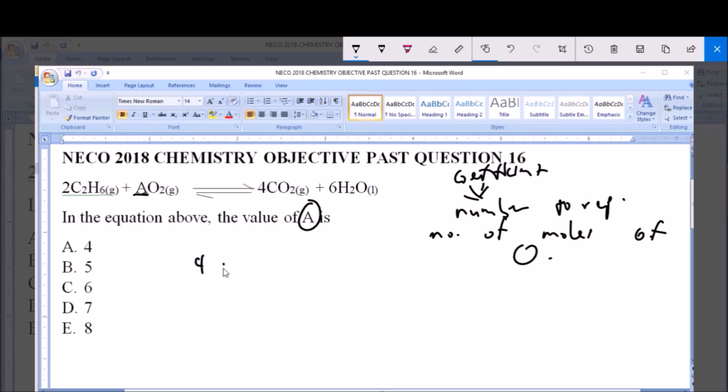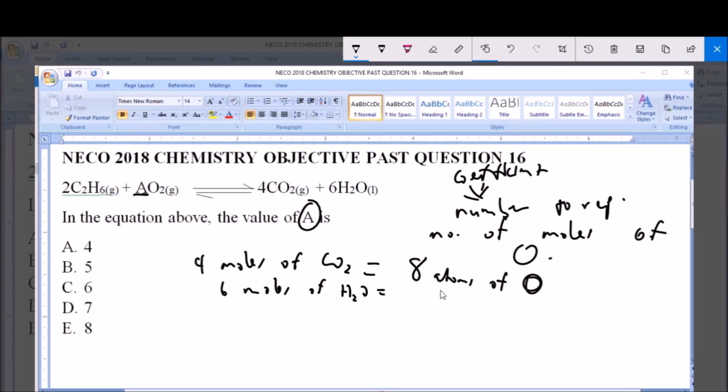So in 4 moles of CO2, you have 8 atoms of oxygen. And then in 6 moles of water, you have 6 atoms of oxygen. So 8 plus 6 is equal to 14 atoms. So you have 14 atoms in total on this side.